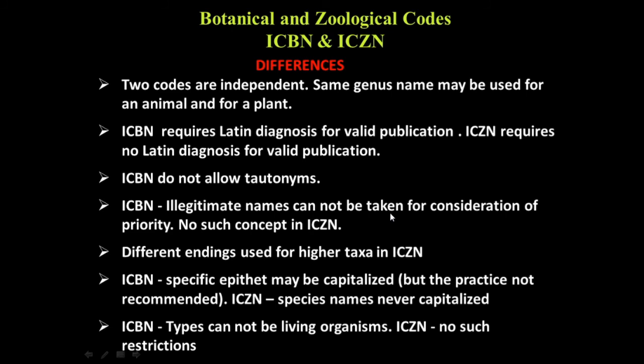Then what are the differences between botanical and zoological codes, ICBN and ICZN? The two codes are independent. The same genus name may be used for an animal and for a plant, as in Acrocephalus, a member of Lamiaceae, and also a bird. ICBN requires Latin diagnosis for valid publication.